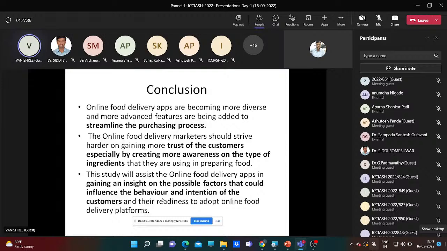If this is taken care of, it would help in gaining more trust of the customers. The third is that this study will assist online food delivery apps in gaining insight on the possible factors that could influence the behavior and intention of the customers and their readiness to adopt online food delivery platforms.